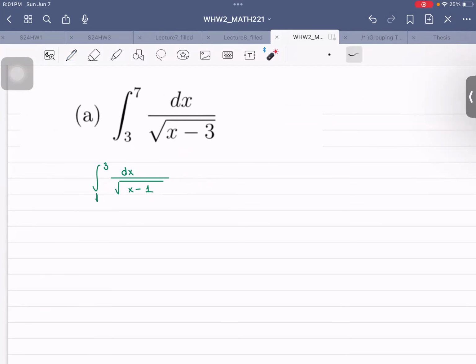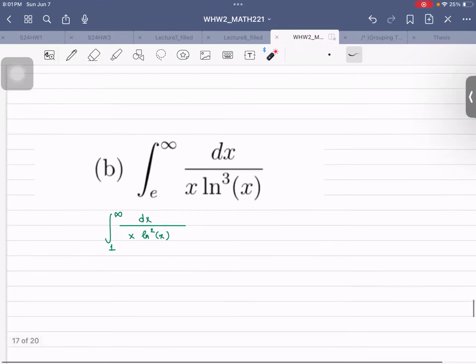The first type is when the function that you want to integrate has a vertical asymptote that is contained in the interval of integration.